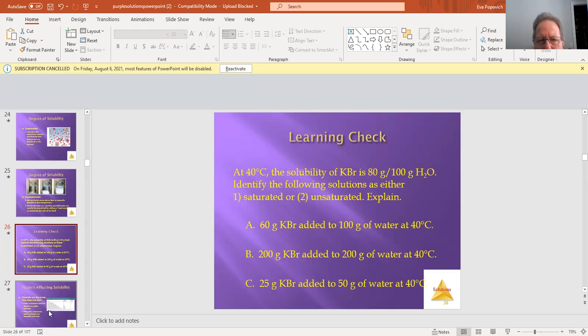Okay, Jessica, at 40 degrees Celsius, I've got 80 grams, the solubility. In other words, the most that water can take of potassium bromide is 80 grams in 100 grams of water. I need you to tell me whether A is saturated or unsaturated, and tell me why.